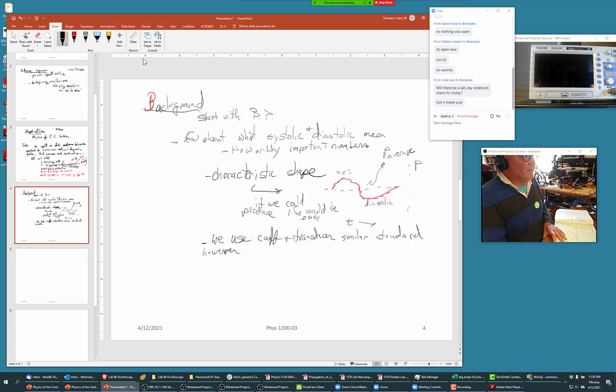However, the pressure bulb, the pump bulb has a steady leak, and we have no control of that.